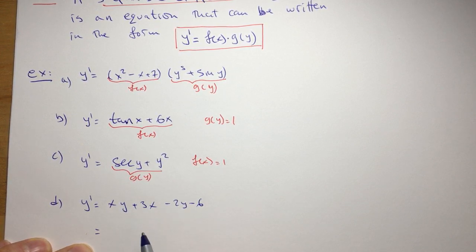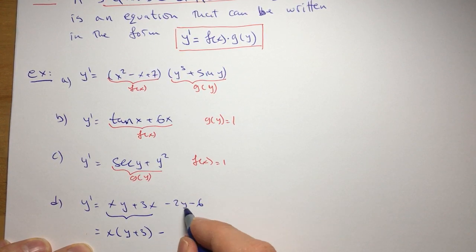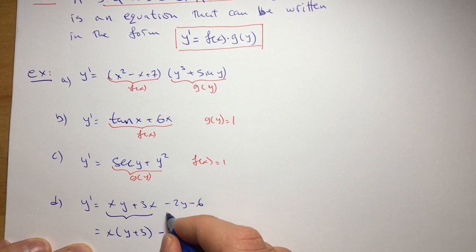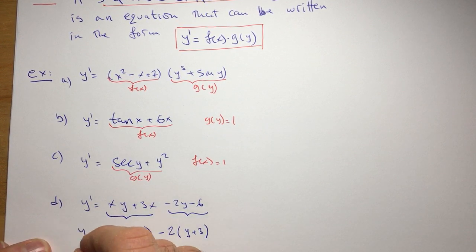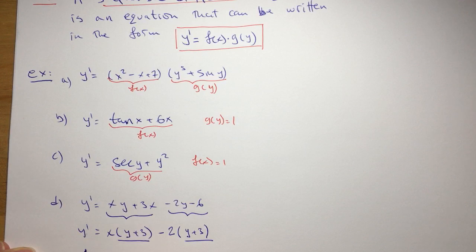What does that mean? Well, for this particular example, for the first two terms I can factor x and I get 3 plus y. For the second two terms I can factor negative 2, and then in parentheses y plus 3. And then finally the common factor, y prime here, the common factor is y plus 3. I factor that one out and I have x minus 2.